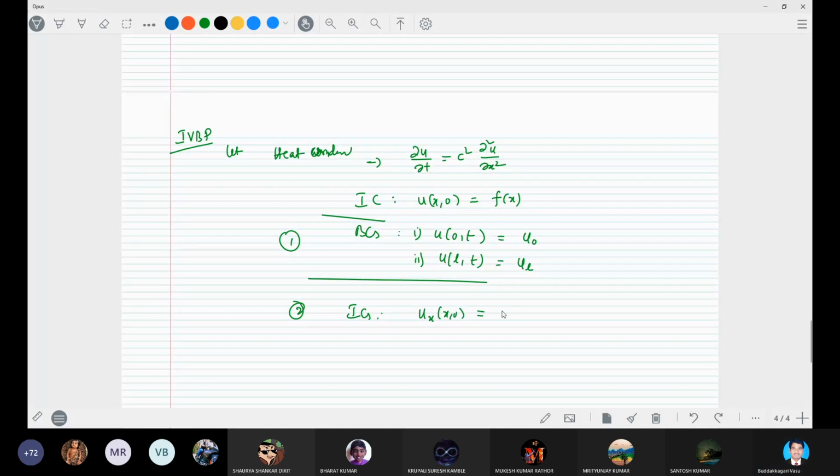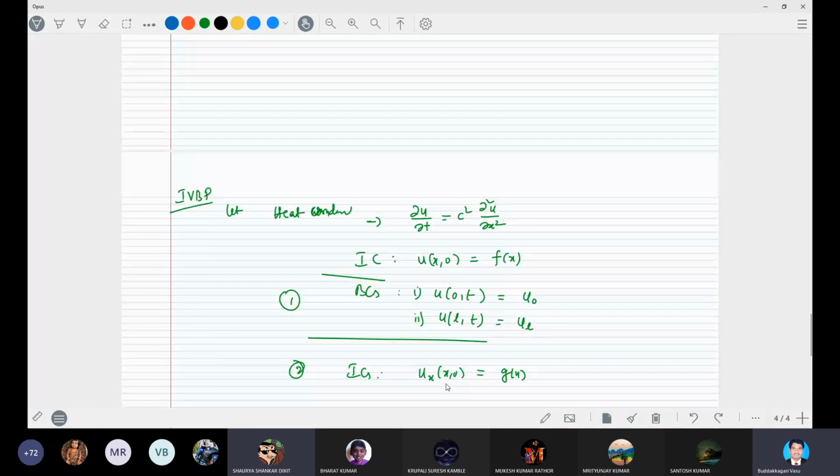Maybe initially both the ends are insulated. If it is insulated, that means there is no heat transfer, so we can write the derivative will be 0.